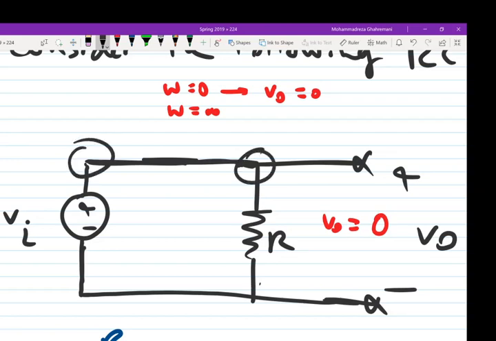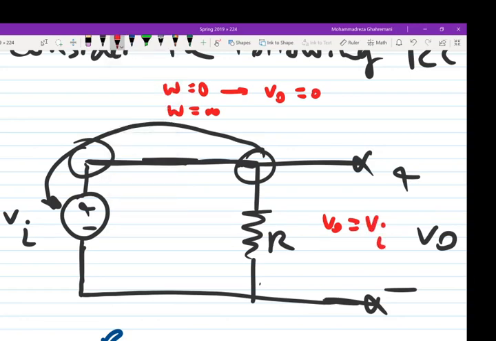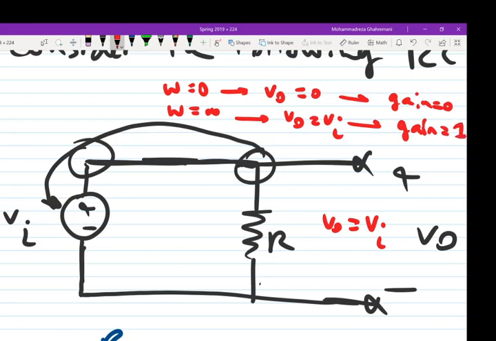It's just a connection. So this node is directly connected to the voltage source, so VO definitely is equal to VI. So we see that for omega 0, gain is 0. For omega infinity, gain is 1. So what type of filter has gain 0 for frequency 0, gain 1 for frequency infinity? Of course, a high pass filter.